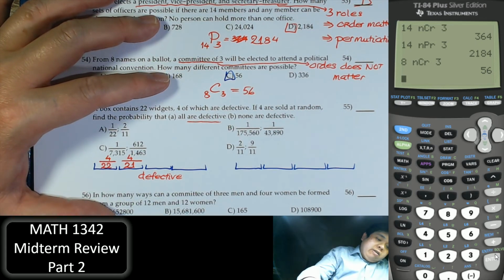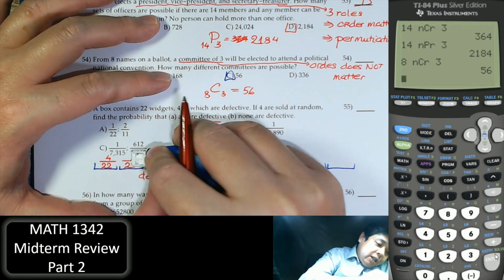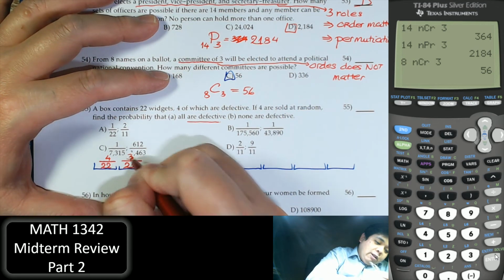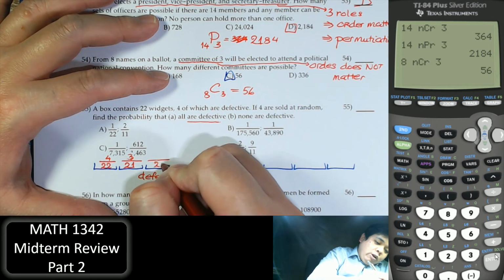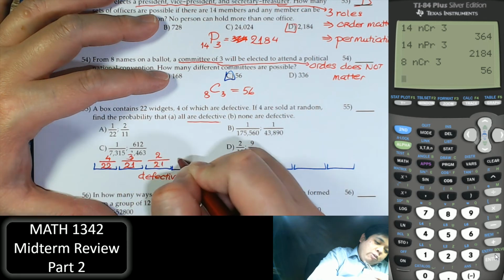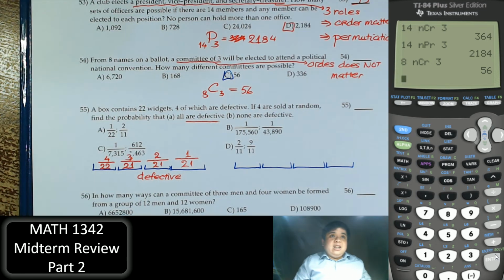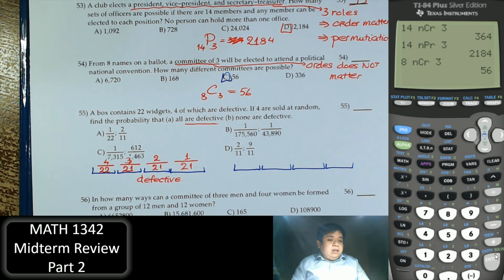If it's defective, after we pick out the first one, the first defective out of 4, we have 3 left. And then out of 21, we have 2 defective left. Then 1. So this is the probability of all of them being defective.